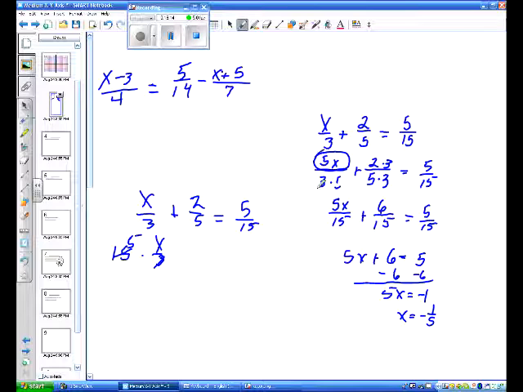I ended up with the 5x because I figured out what I needed to multiply my numerator by, and I had to multiply my numerator by the same thing. So I end up with 5x.